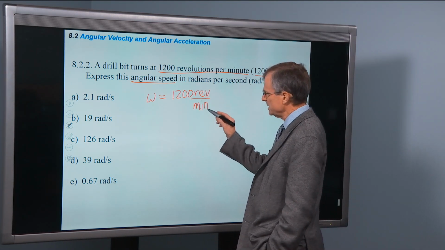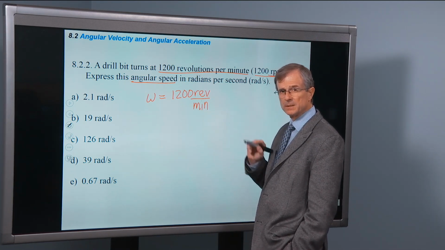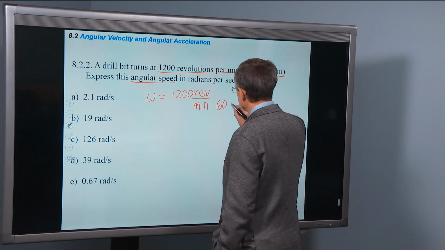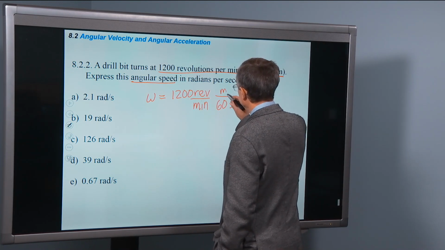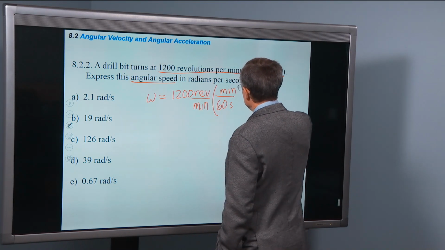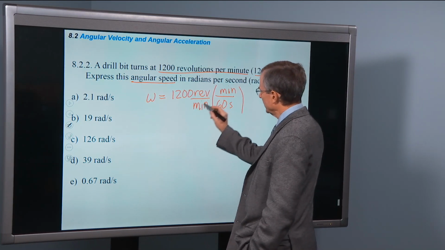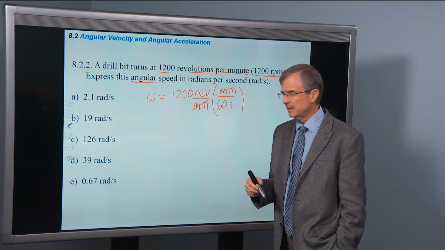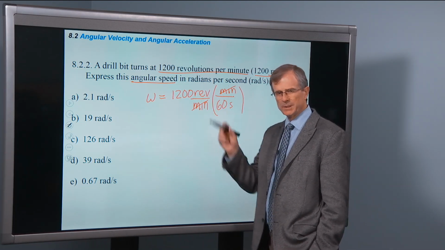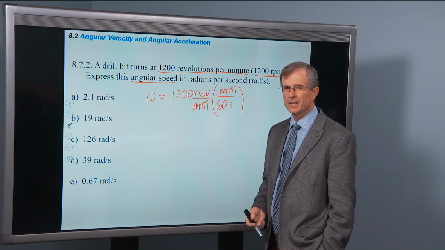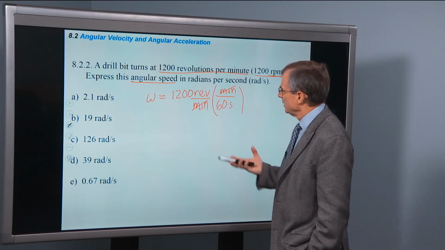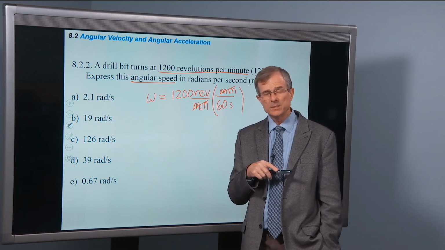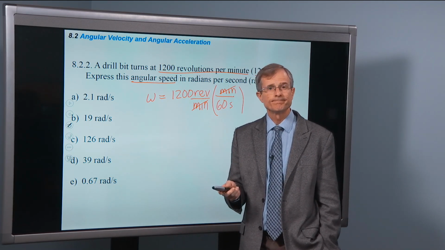Well, first part's easy. I need to convert minutes to seconds. And I know that there are 60 seconds per minute. So there's one conversion factor, and that'll kill the minutes and allow me to have seconds in the denominator. But I've got this revolution here. How do I convert that to radians? Well, the answer is that I know how many radians there are in one revolution.